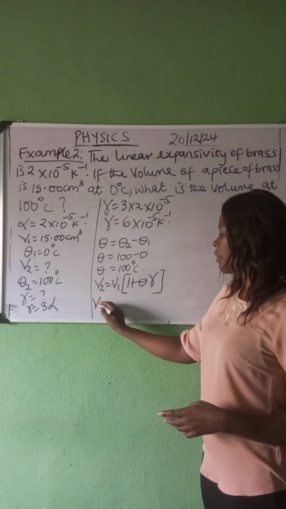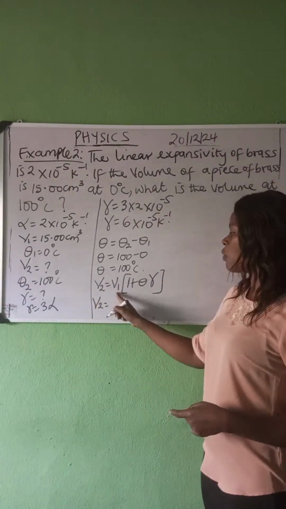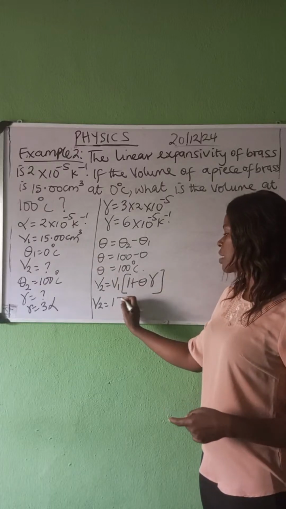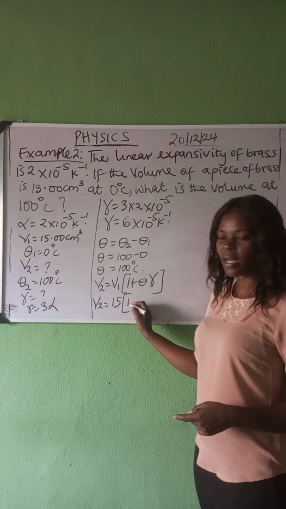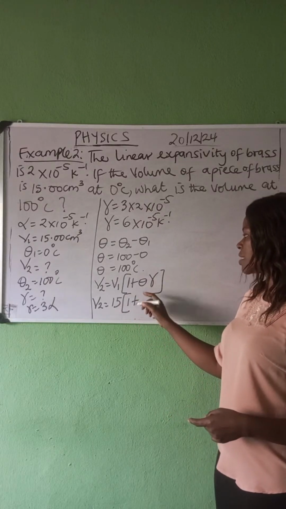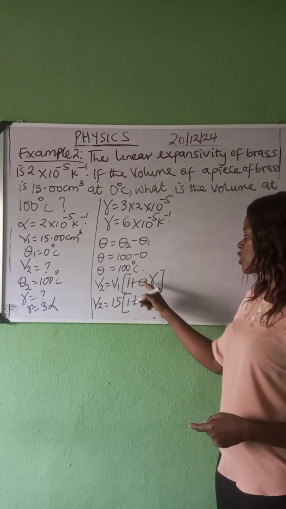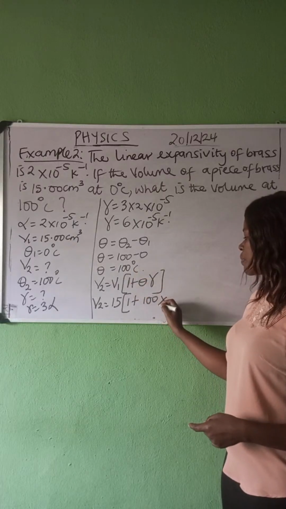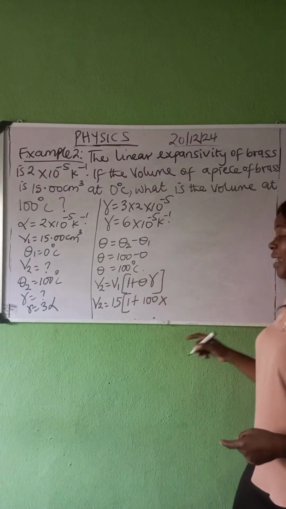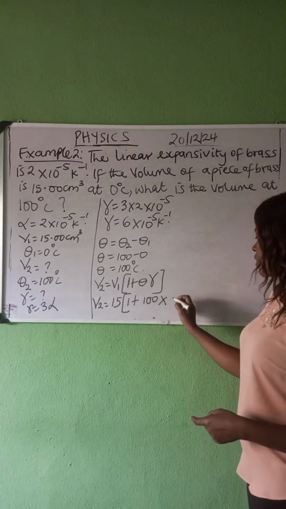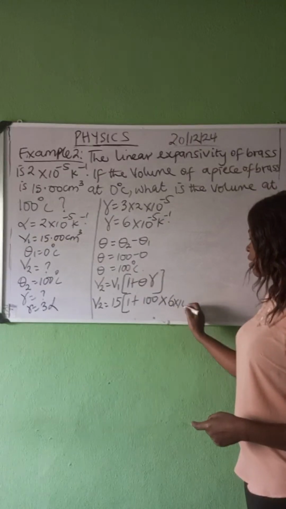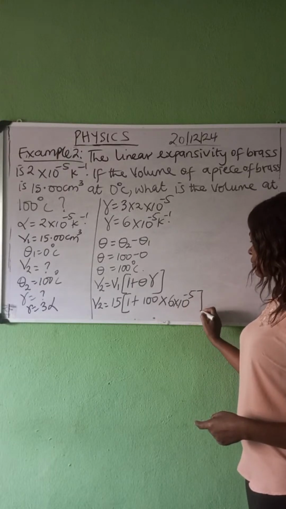Now my V1 is 15, bracket, I bring down 1, right? Now plus, what's my theta? My theta is 100, then multiplied by my gamma. My gamma is 6 times 10 raised to power minus 5 per Kelvin. So I will say 6 times 10 raised to power minus 5.